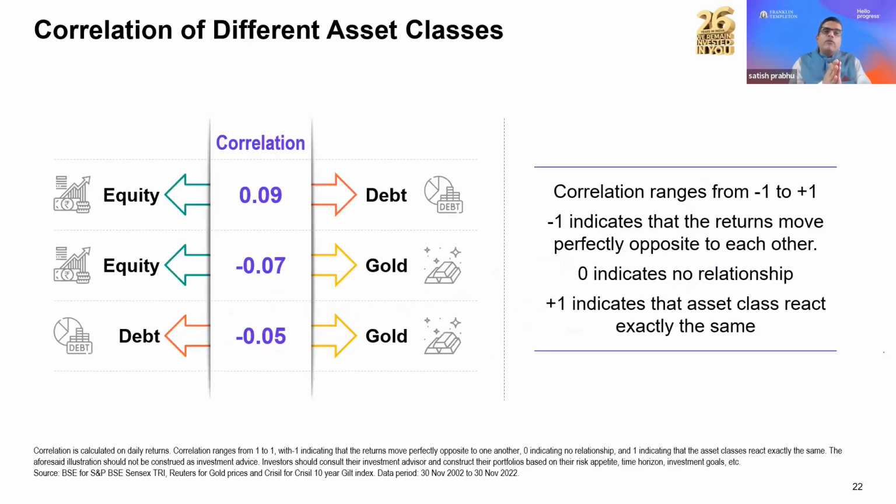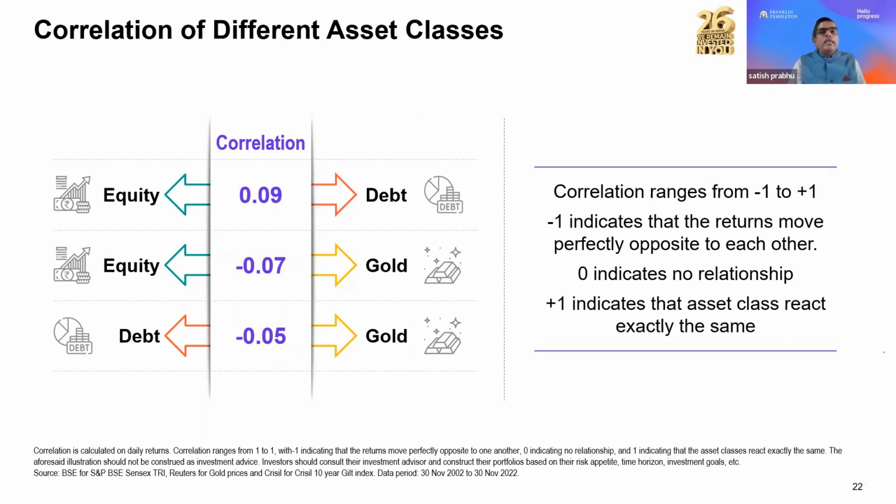And I spoke about matchmaking, about the horoscope. Now, these are the correlation numbers. If the number is 1 or above, the correlation is very, very high.